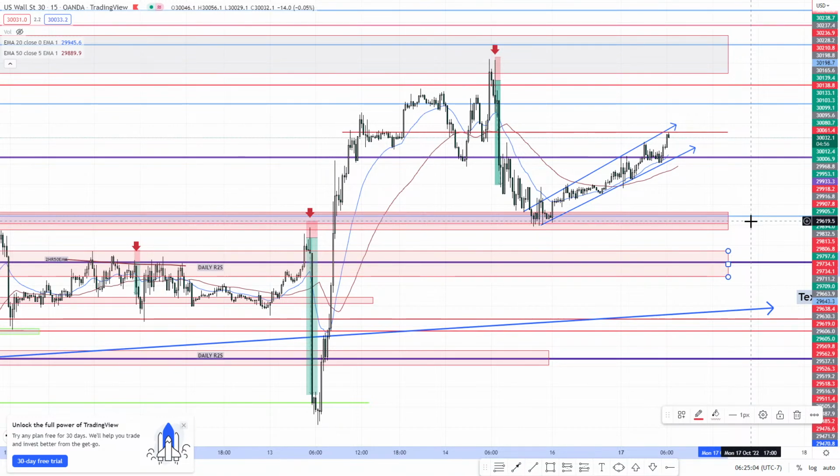I'd probably take the trade somewhere up here though. Let's see if we can break it down a little bit lower. It's down here.